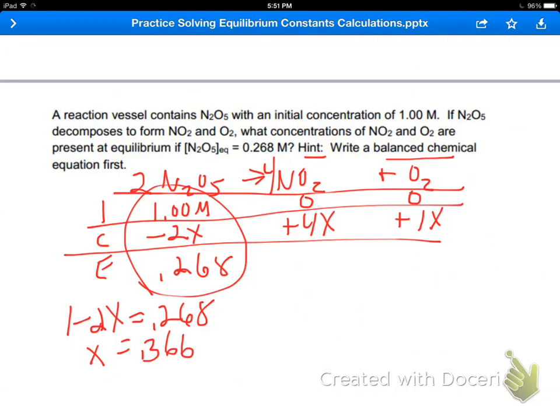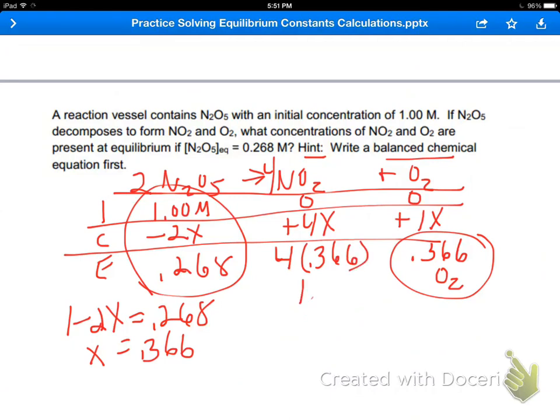Okay, so I'm looking for my equilibrium concentration, so x is 0.366, so it's going to be 0.366 for O2 here, and it's going to be 4 times 0.366 for NO2, and that is going to be 1.46. And these are molar. And this is for NO2. All right, and that's going to do it.